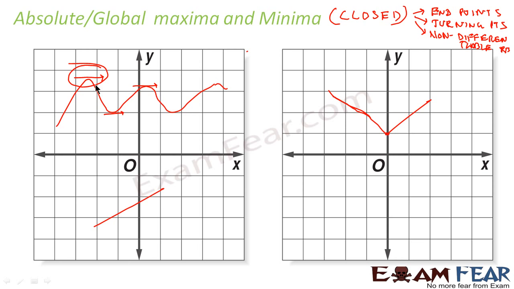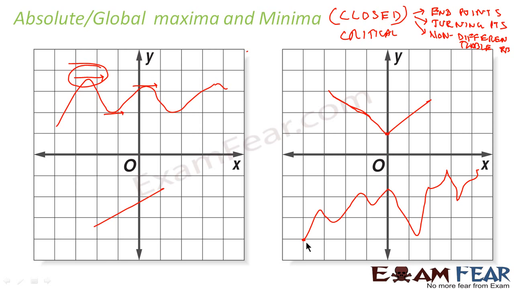So what we do is we find all the critical points. These are all critical points. For example, my graph is something like this. Let's suppose it starts from here, something like this. I have a minima also, then I have a non-differentiable point also, and then I have a maxima. Somewhere it stops here.